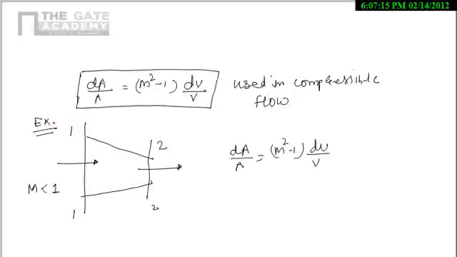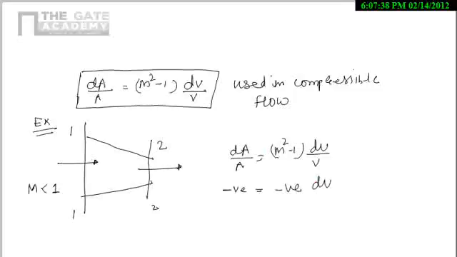So in that example, Mach number is less than 1, so M square minus 1 is negative, and the change in area, A2 minus A1, will be negative. So dA by A comes negative, and M square is less than 1, so again it will be negative.